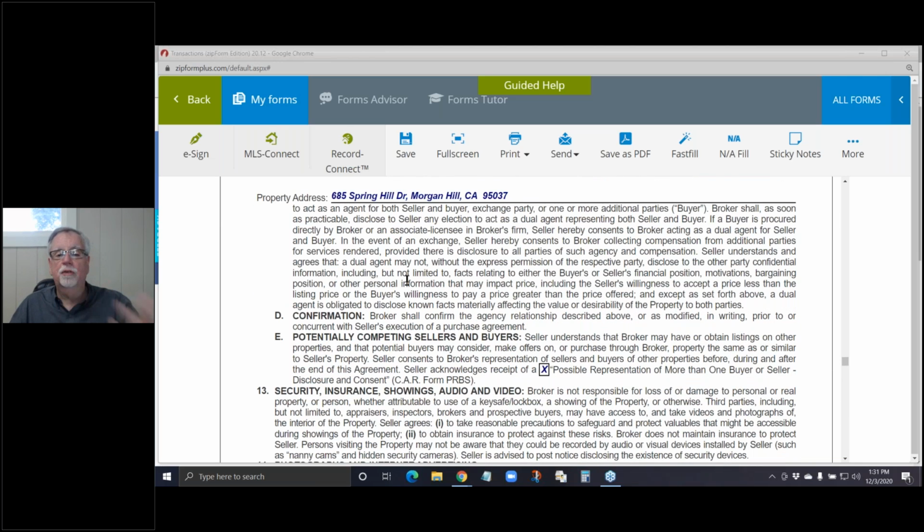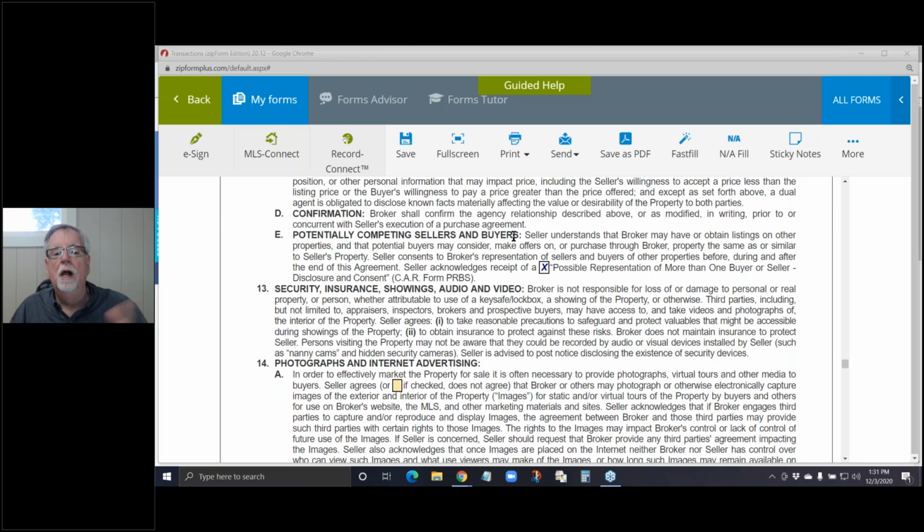And then the rest of this is about confirming. There could be competing sellers and buyers. So the way this works, I was farming intensively an area and I would get a listing and then another seller of the same model would want to put their home on the market for less than the one I just listed. And they would want me to do it. Can you understand how some sellers got kind of miffed that I was competing against their listing?